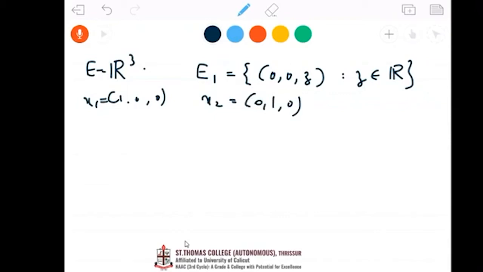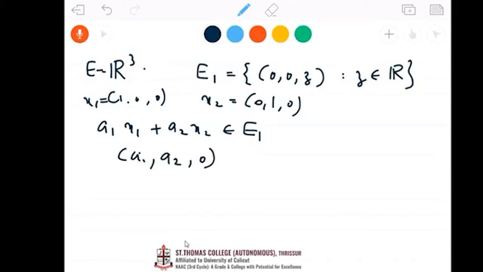x1 and x2 are linearly independent relative to E1 because suppose some a1 x1 plus a2 x2 is in E1. a1 x1 means (a1, 0, 0), a2 x2 means (0, a2, 0). If we add them, we will get (a1, a2, 0). This is in E1.